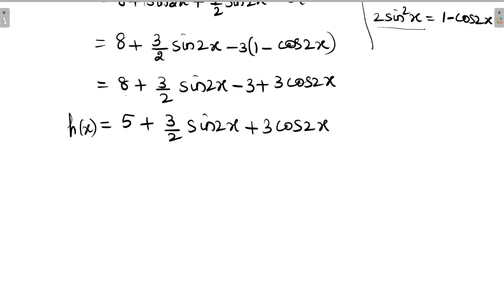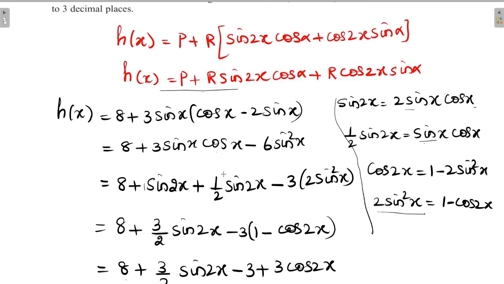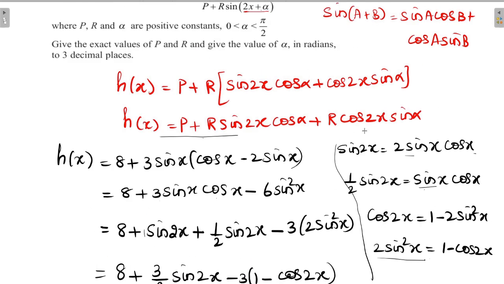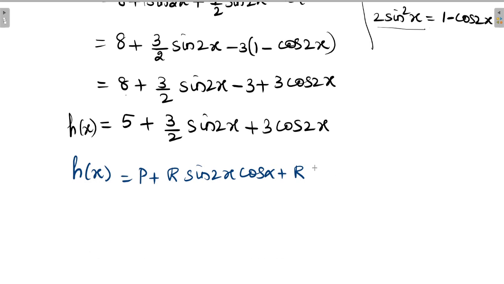So h of x is equal to p plus r sin 2x cos alpha plus r cos 2x sin alpha. Now equate both h of x.